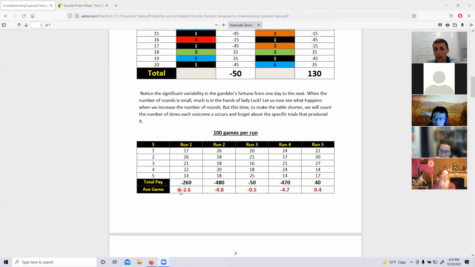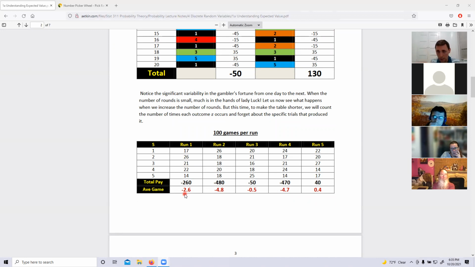Sometimes you still win. And this in red is the average per game. If you get minus $260 over 100 games, on average you spend $2.6 per game.